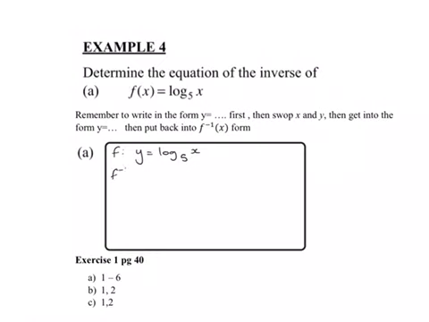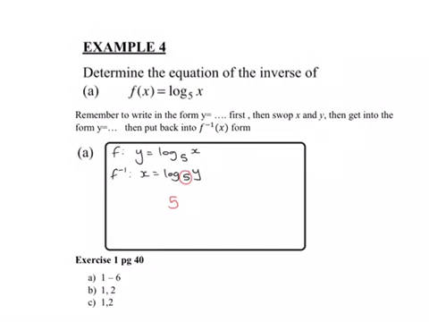Then for your f negative 1 graph, you need to, where you see a y, put an x. Where you see an x, put a y. So just the swap. Then we've got to algebraically rearrange. Now, I need to get y by itself. It's in log, so now I need to get it out of log form. So the first thing to do is, what is the base of your log? It's 5. So that is then the base of your exponent.